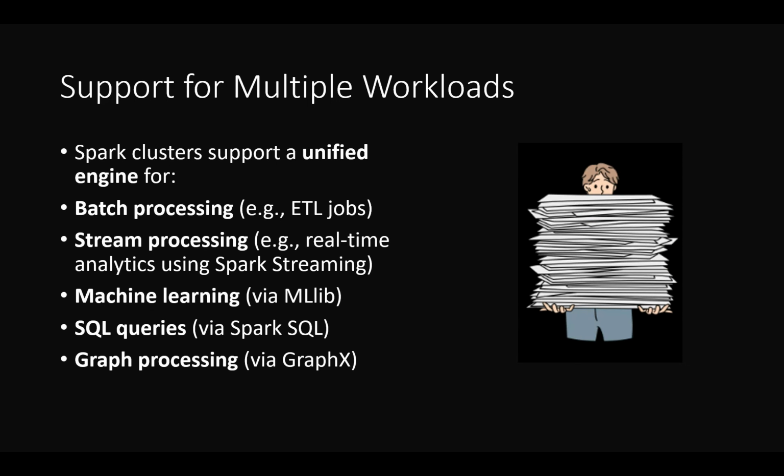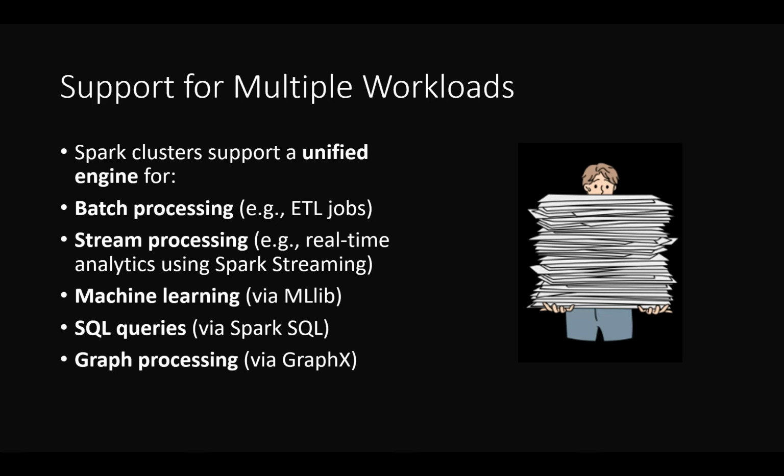Then there is support for multiple workloads. We spoke about it briefly, that it is a unified engine. Why unified? Because it can do batch processing, which is like our simple ETL jobs in the SQL world. In the big data world, they are known as ELT jobs, which means extract, load, transform.